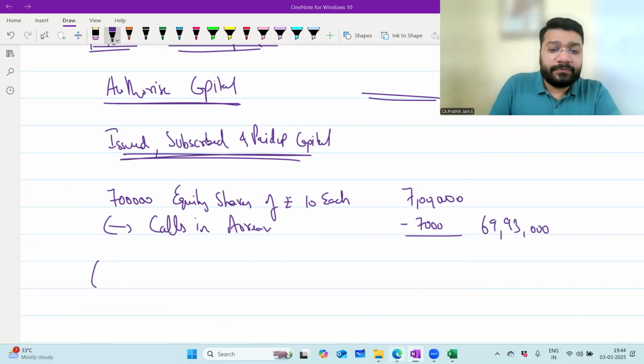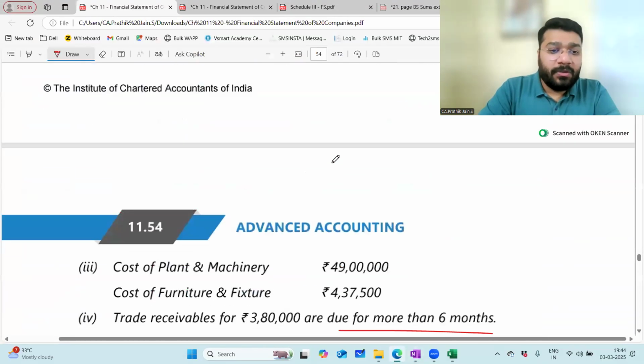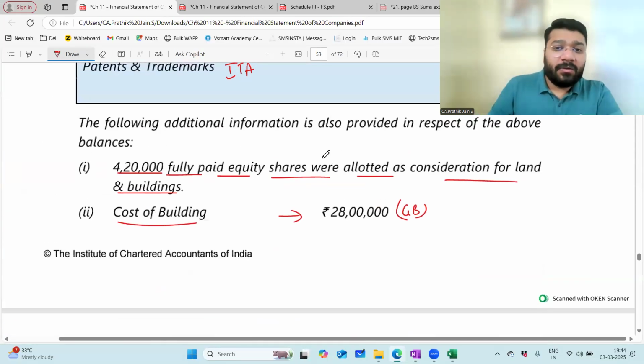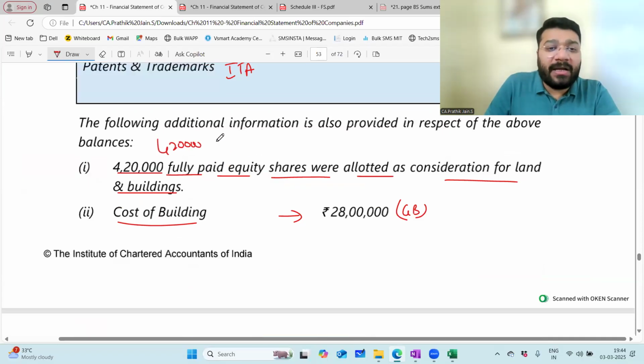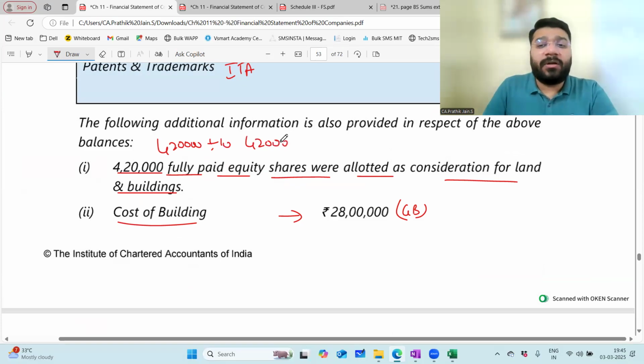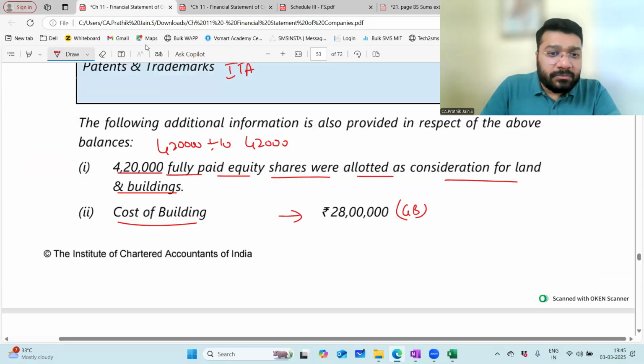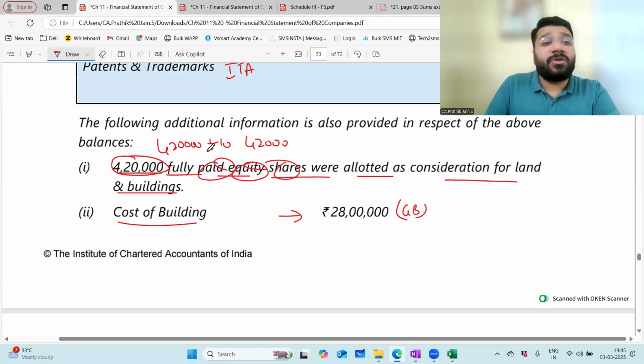Out of the above, 4 lakh 20,000 equity shares. Sorry, 4 lakh 20,000 is the amount, it's a quantum, so you can take the full amount.